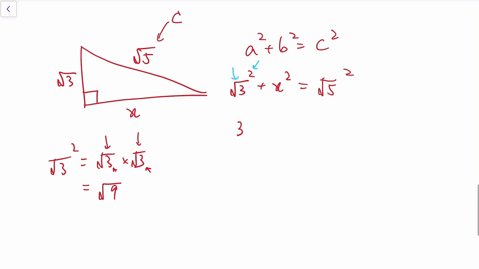So it's root 9. And of course, root 9 is 3. Okay, so a square root and a square always cancel each other out. So root 3 squared is 3, x squared is x squared. Root 5 squared is 5. So x squared is 2. And x would be root 2. So that's how you deal with a root.